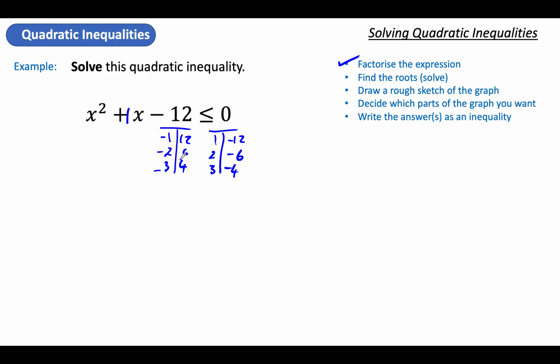Which pair is it? It is this pair here, so negative 3 and 4. Put those together and you get positive 1. So if I factorize my expression, I get x take away 3, and x plus 4. And then use the sign that you've got here, so this is less than or equal to 0.